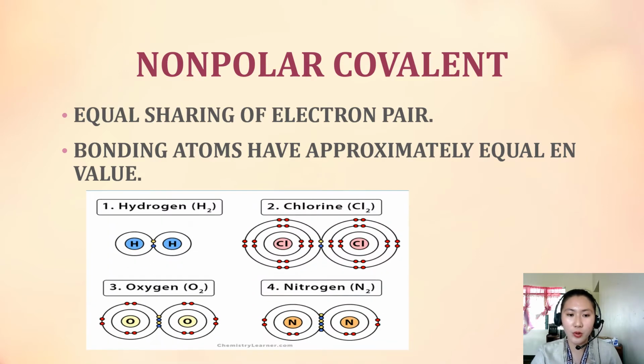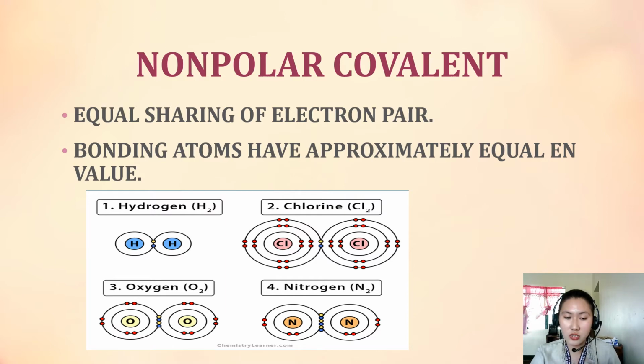So, for example, we have here hydrogen, chlorine, oxygen, and nitrogen. So, H2, a bonding between two hydrogen atoms, is an example of non-polar covalent. Two hydrogen atoms have equal electronegativity value. Cl2, so two chlorine atoms have an equal electronegativity value.